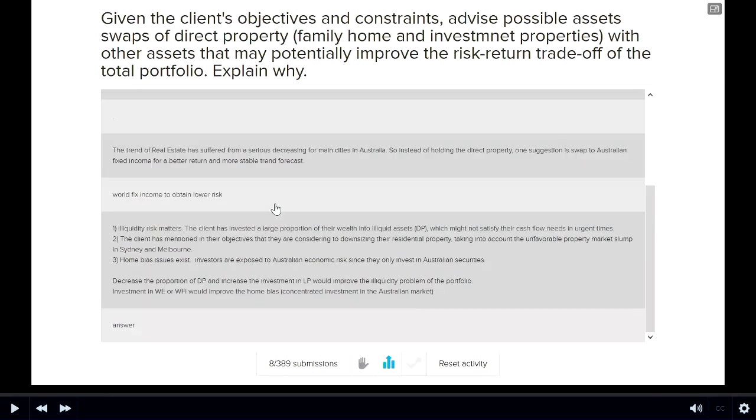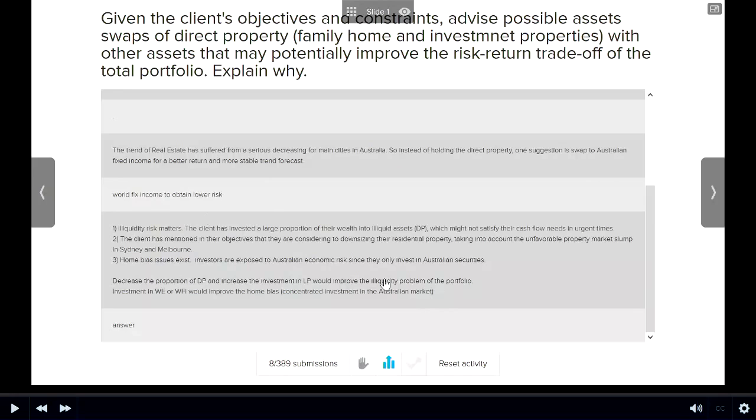I believe when you write down that fixed income obtains lower risk, you're thinking about standard deviation. Standard deviation is not a risk measure. It's only a quantitative measure of return distribution. It's not risk. So you probably will get half or 1 mark, depending who's marking. Usually tutors will be more generous than me.